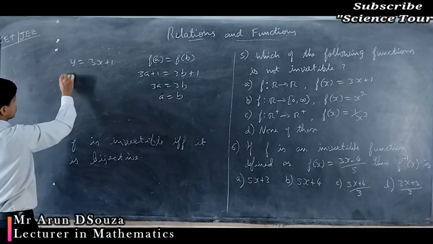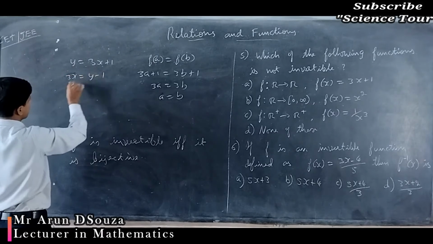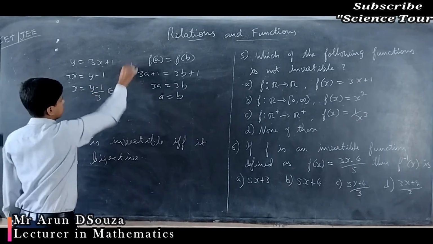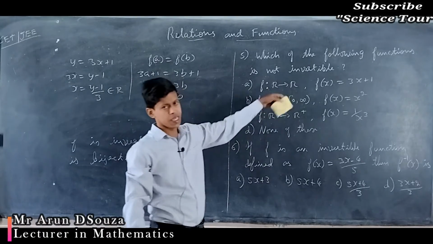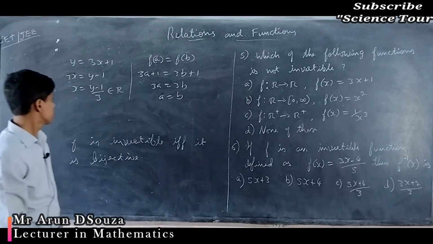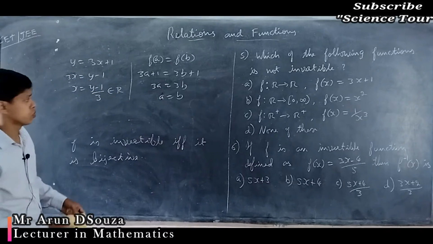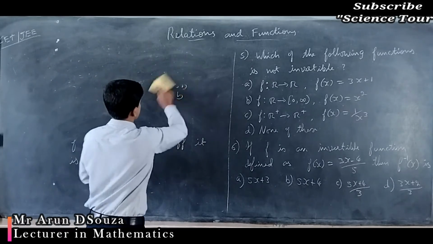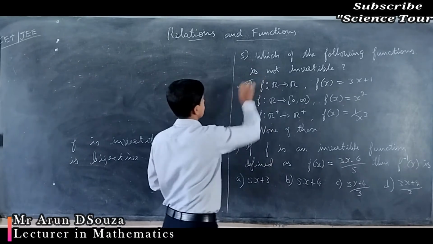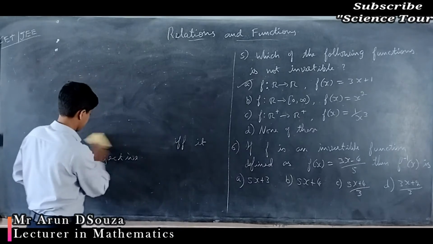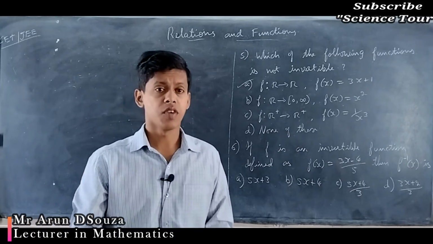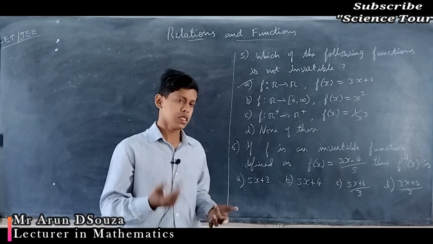So 3x is equal to y minus 1, x is equal to y minus 1 divided by 3, and it belongs to the domain R. So hence it is onto as well. So it is both one-one and onto. Therefore the first function is invertible. Why? Because it is bijective. If a function is bijective, then it is invertible.